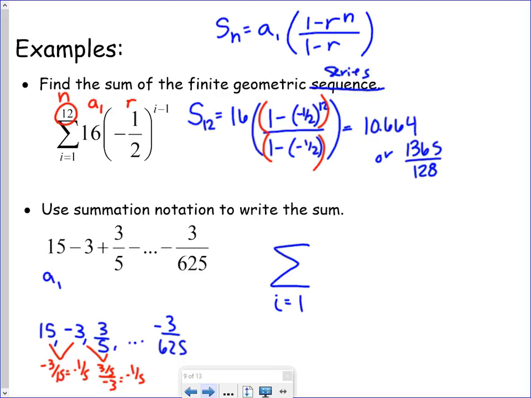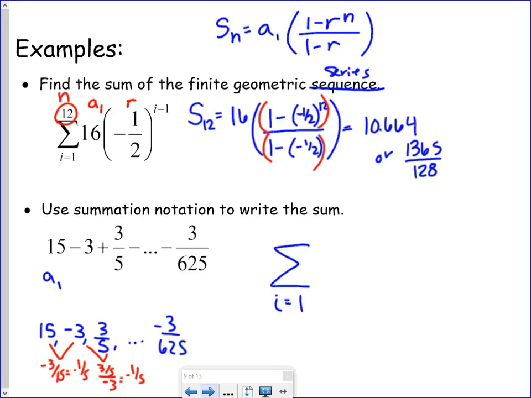Now, there are several ways to do this. I would guess some of you might look at that and say, I could just figure out, based on the fact that this is 3/5, how many more times I would have to multiply by -1/5 to get to that -3/625. So if I get a fourth term, it would have a denominator of 25.